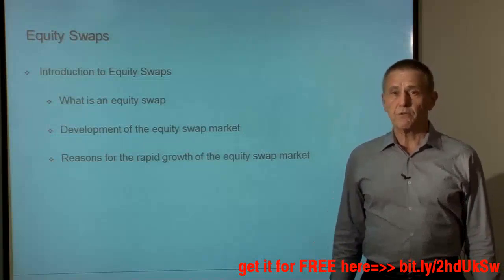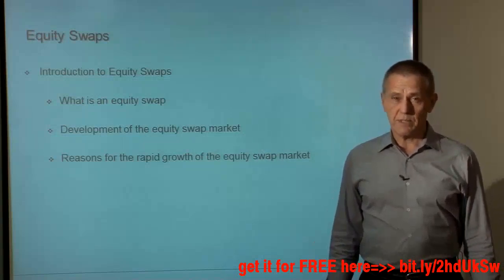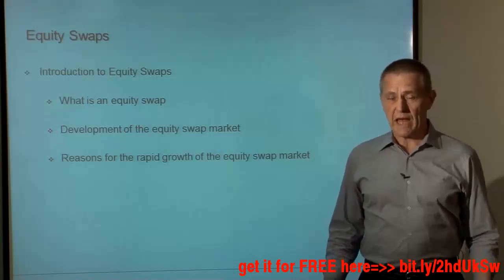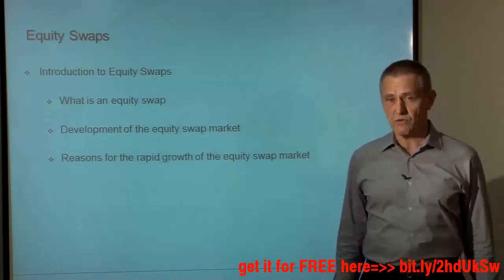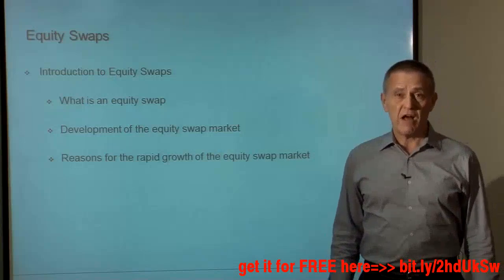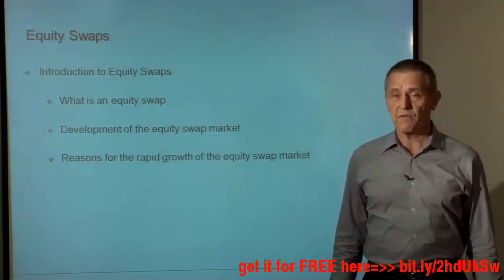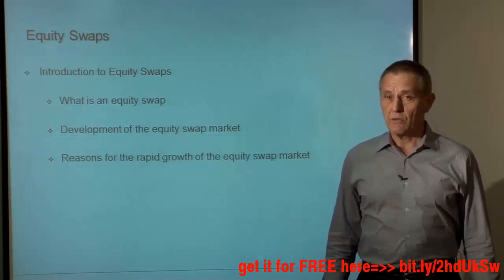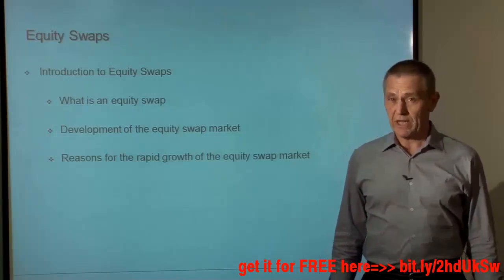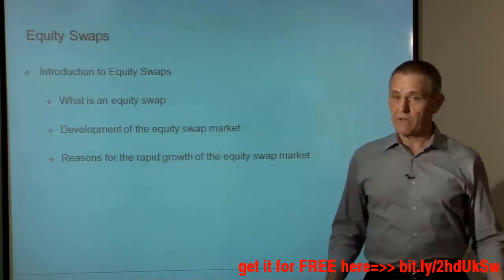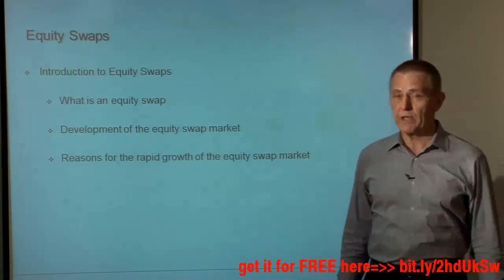But part of the reason it was able to grow as rapidly as it did was because the basic terminology, the concepts, the infrastructure for trading these sorts of things had been evolved in the context of the rapid growth of those other segments of the forward commitment swap market. So equity swaps was in a sense able to stand on the shoulders of those other markets and therefore able to evolve a lot more rapidly.